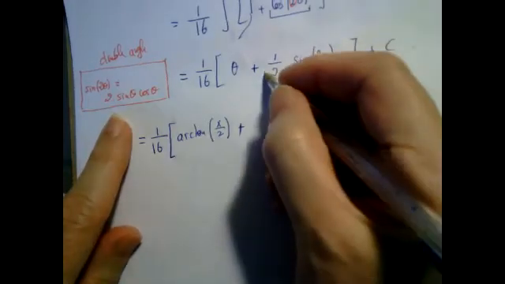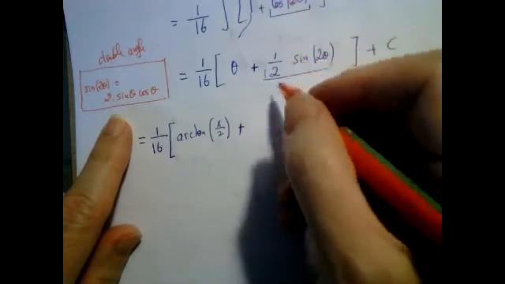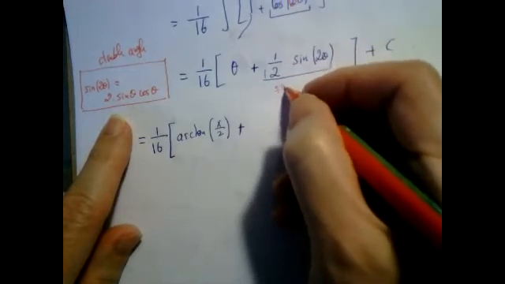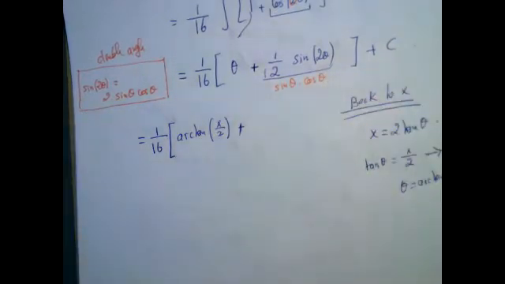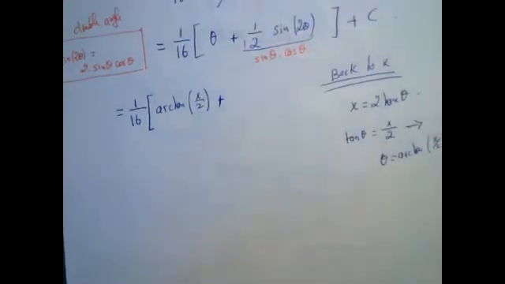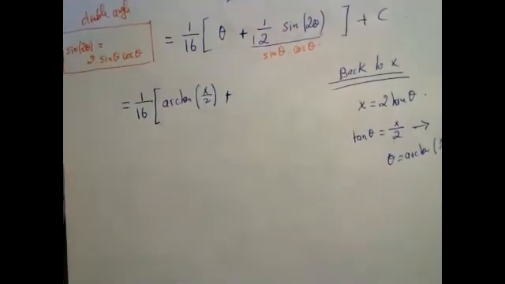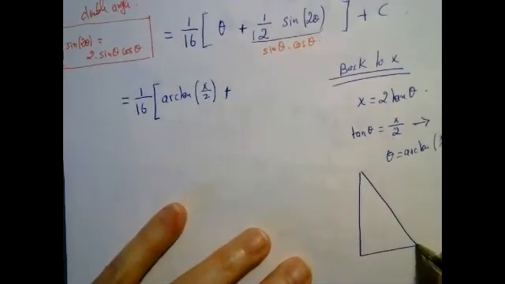So this piece here, which I haven't expressed in terms of x yet, is going to become sine theta cosine theta. Now I only have to find the sine and the cosine. I know the tangent, so I go back to my triangle as usual.